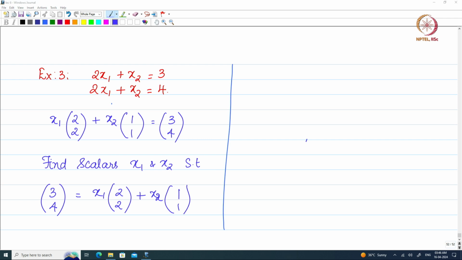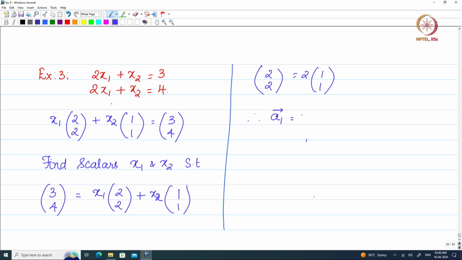Now here again we see that the two vectors 2 2 and 1 1 are multiples of each other. We see that the vector 2 2 is 2 times 1 1. By A1 I mean the first column of the matrix. Here of course I have not shown the matrix, I think that is understood.